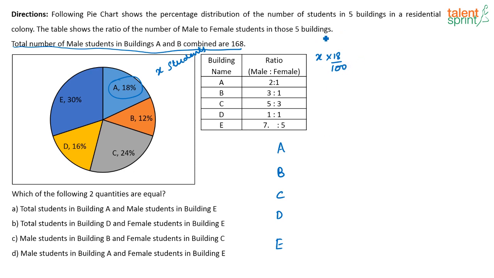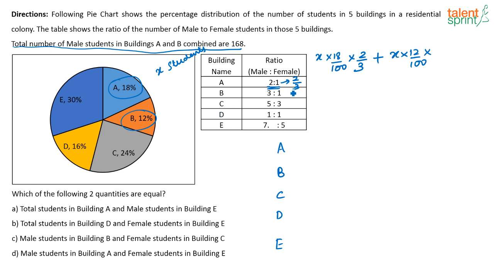Out of the students in building A, how many are male? Male to female in building A is in the ratio 2:1, or I can say 2/3 are male. So if there are 3 people, 2 of them are males, or out of this 18%, 2/3 are male members. Similarly, in building B, totally there are X people. Out of this X, 12% belong to building B. Out of this 12% of X, how many are male?